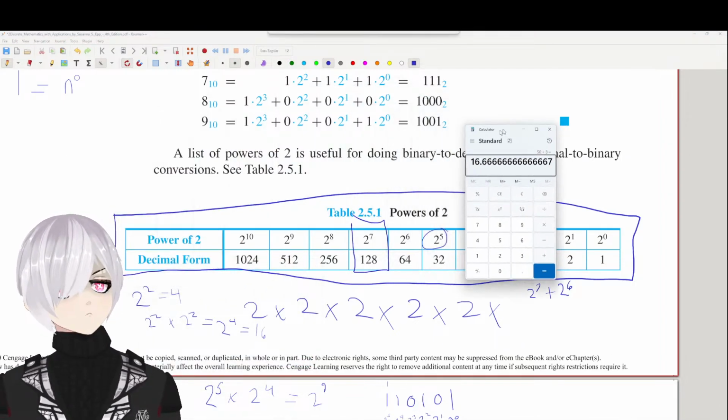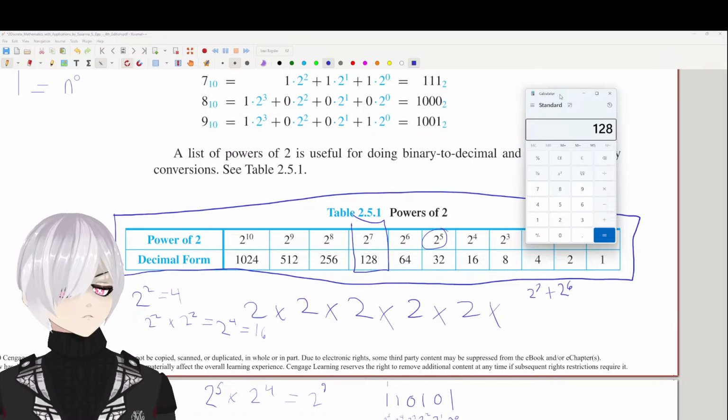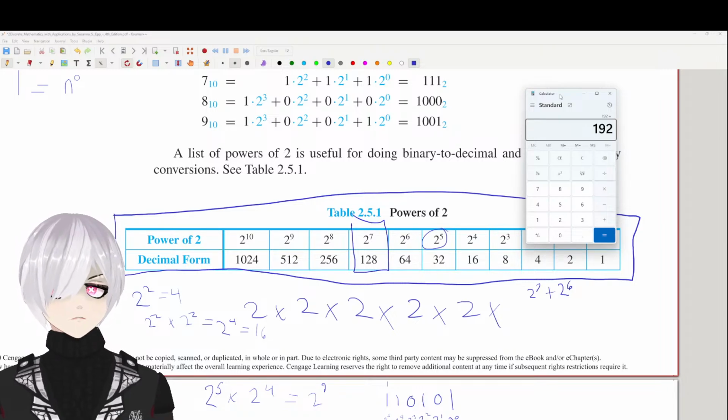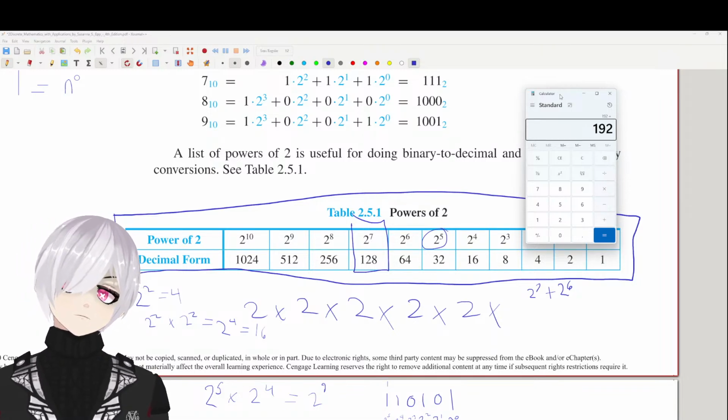I think it might say in the book that later in the number theory section they're going to prove that you can write every number uniquely as a sum of ones and zeros times powers of 2.